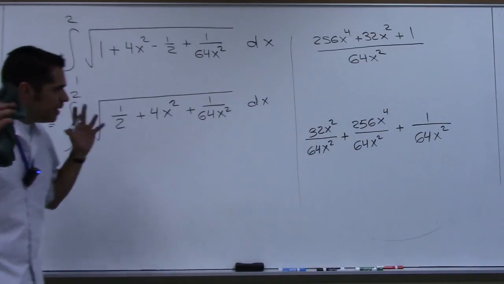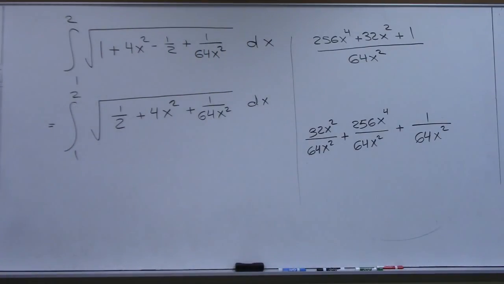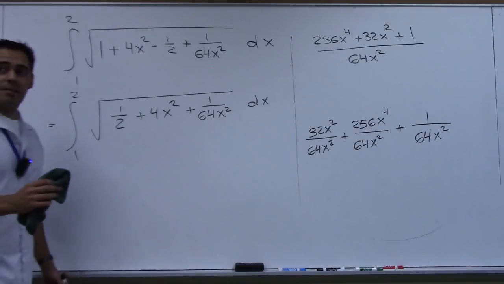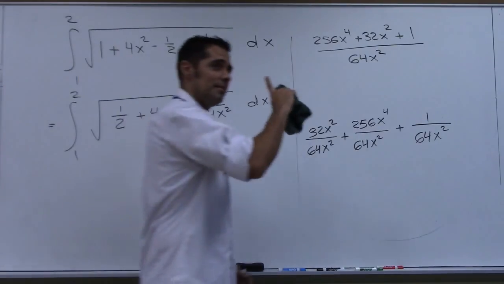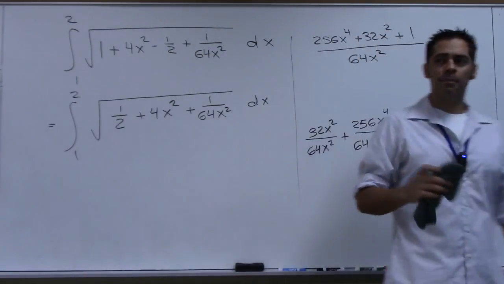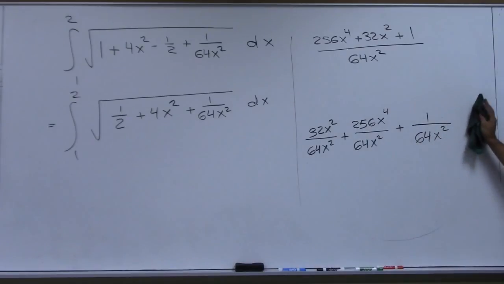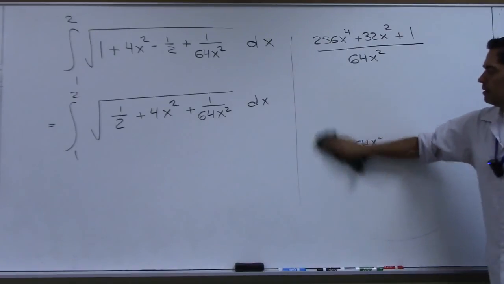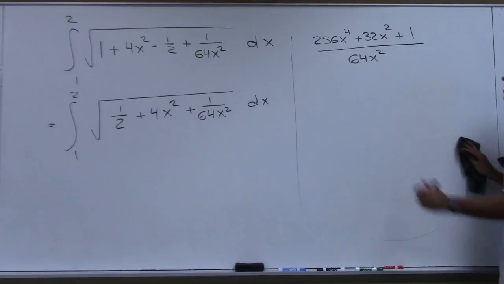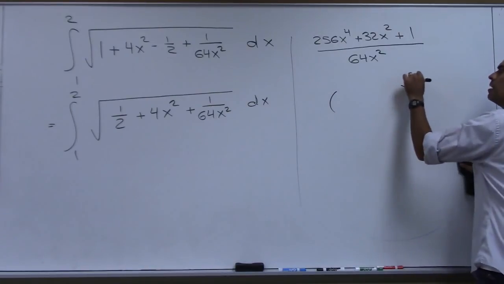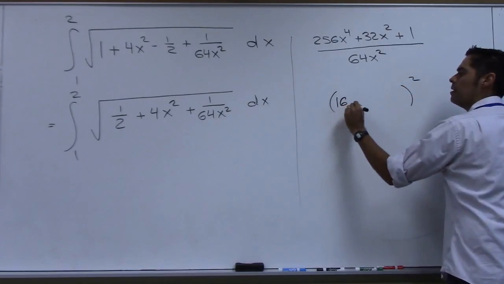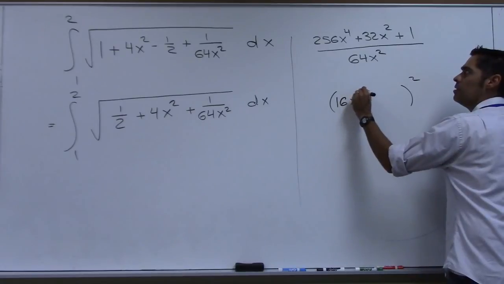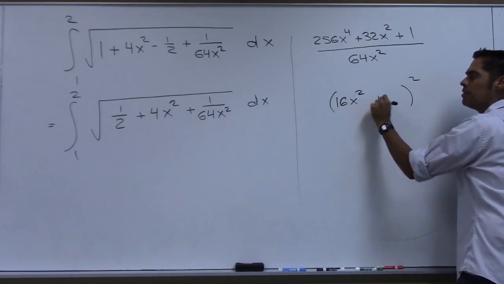Now, again, they picked this problem so it would work. The top is a perfect square trinomial. Anyone see it? It's something times itself. What is it? 16x squared plus 1.